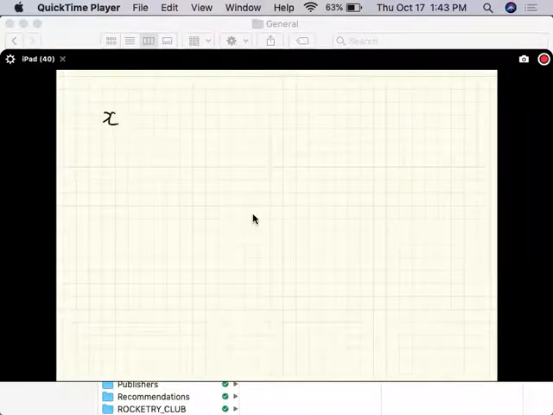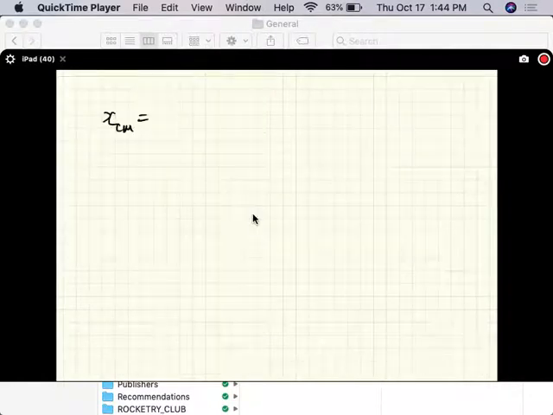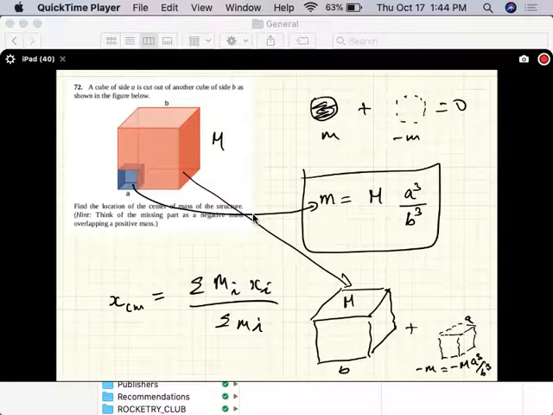So the center of mass coordinate of that object is, M1 is this. Well, it's this object plus this object. And what is the center of mass of this object? The center of mass is there, so it's B by 2, B by 2, B by 2. And similarly, the center of mass of that other object would be A by 2, A by 2, A by 2.